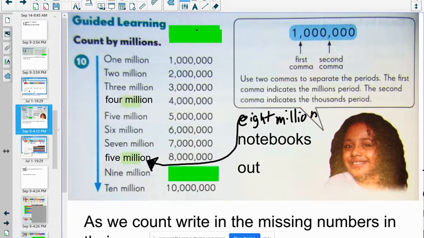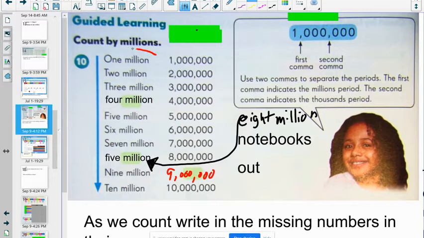Let's see what's behind here. This you would want to do 9,000,000. So 9, comma, 0, 0, 0, comma, 0, 0, 0, and then 10,000,000. What we're really looking at here is the word form of a number in this column here.